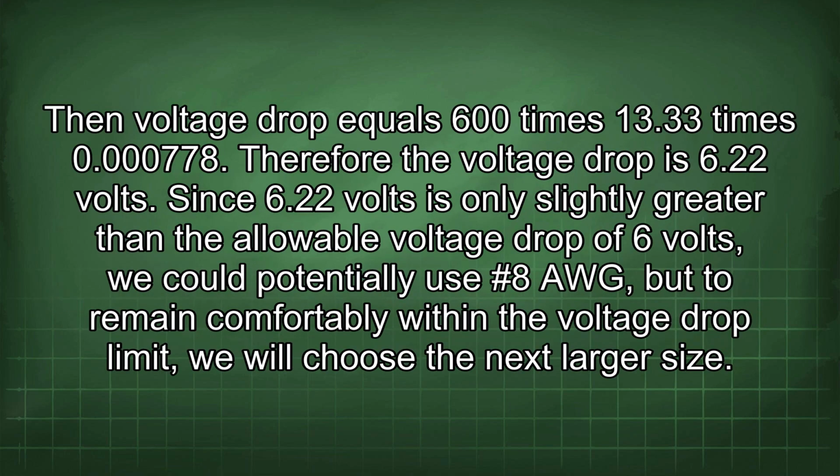Then voltage drop equals 600 times 13.33 times 0.778. Therefore, the voltage drop is 6.22 volts. Since 6.22 volts is only slightly greater than the allowable voltage drop of 6 volts, we could potentially use #8 AWG, but to remain comfortably within the voltage drop limit, we will choose the next larger size.